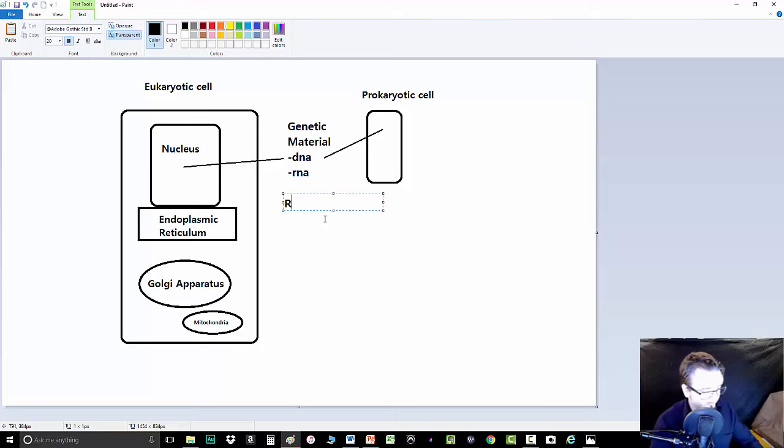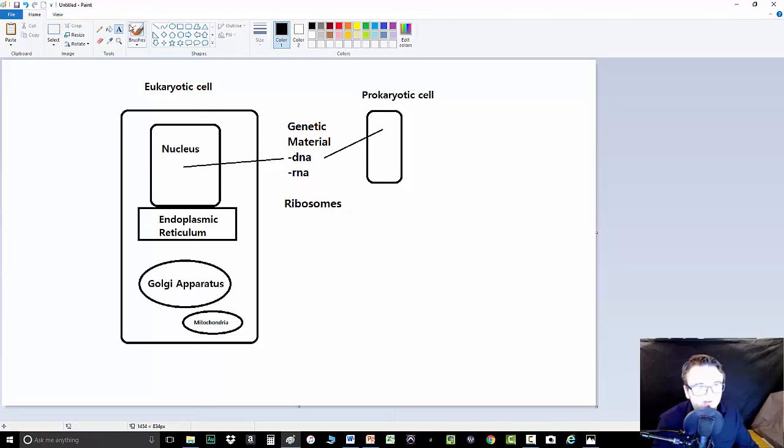Another structure would be a series of them called ribosomes. And ribosomes are protein synthesizers. I mentioned those in chapter 4 as well. Once again, in the prokaryotic cell, they're just floating around in here. But in a eukaryotic cell, these are actually highly organized, at least the majority of them, within a place called the endoplasmic reticulum.